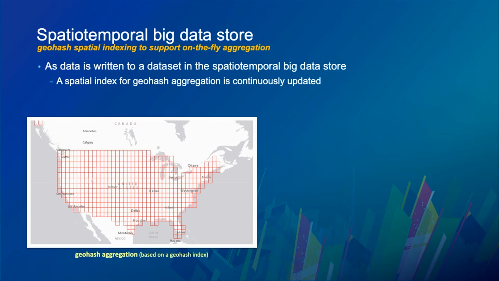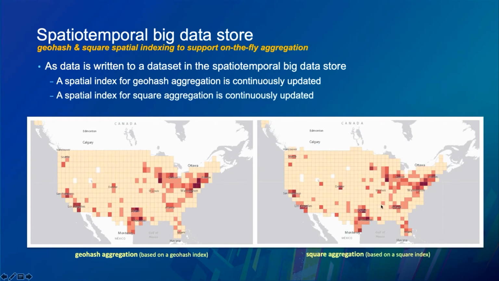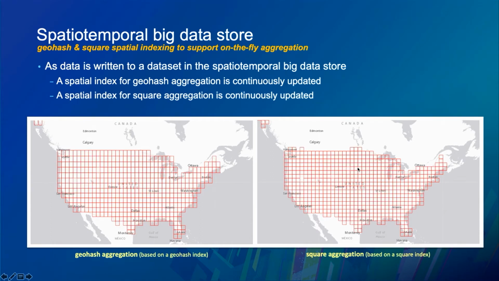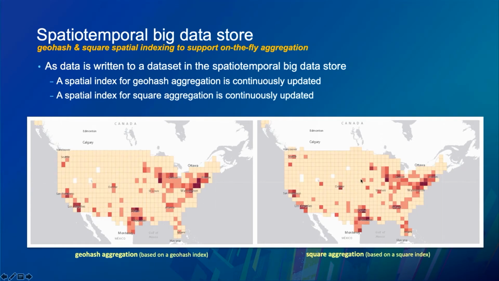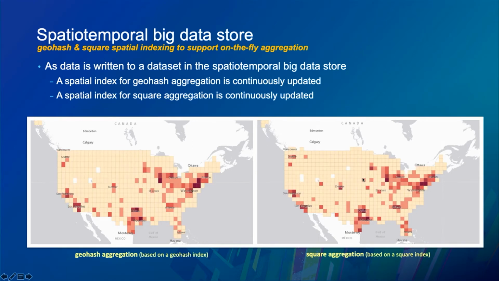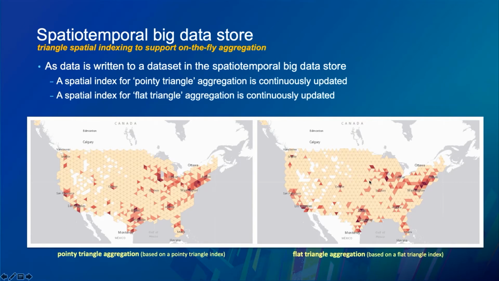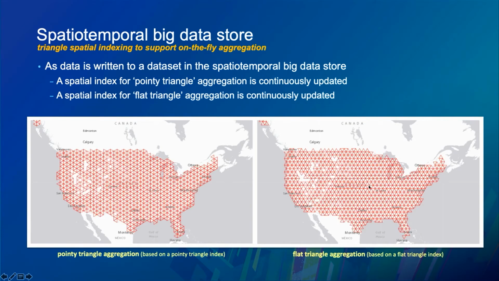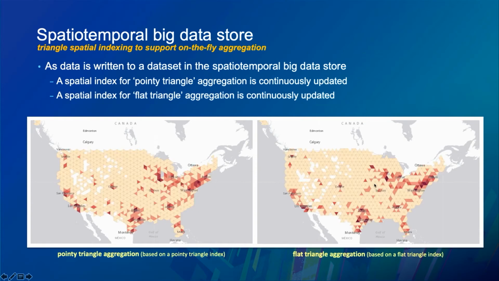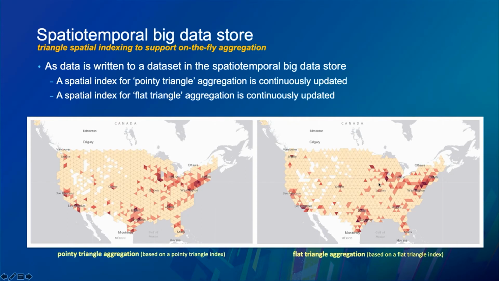We also support square aggregation. With square aggregation, anywhere on the map, you will see that it's not distorted. We also support pointy and flat triangles. We didn't see many users actually using the triangle aggregation style, but it provides the base for hexagon aggregation.